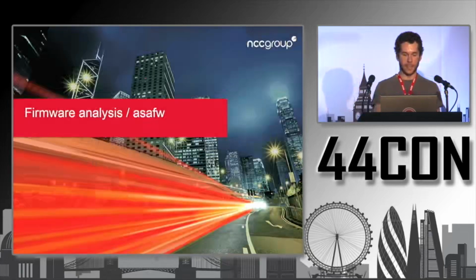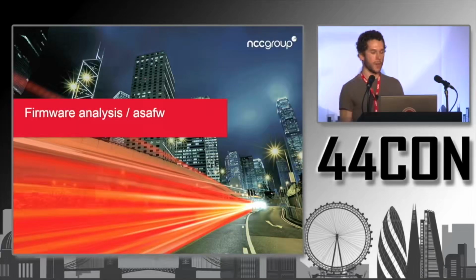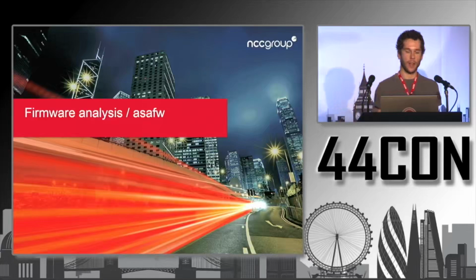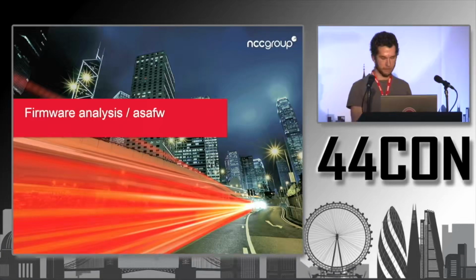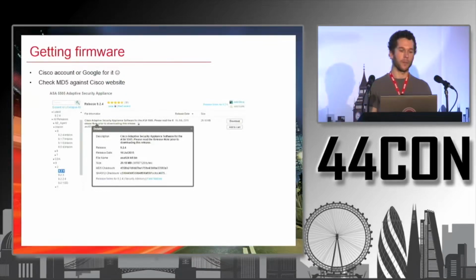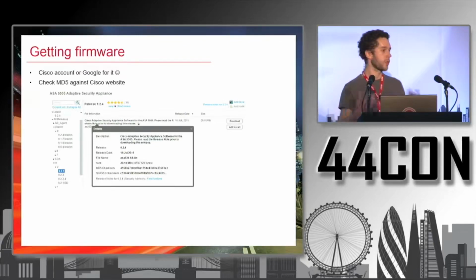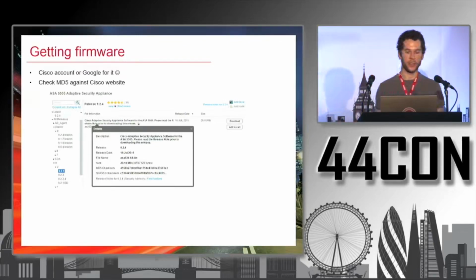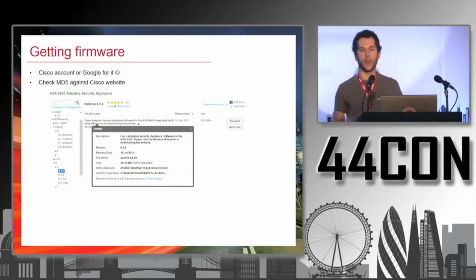So let's talk about the first thing, which is analyzing the firmware. You can either get the firmware from the CF card, which I told you earlier, but if you want to get different firmware for different versions, you can do it. If you have a Cisco account, you can download them from the Cisco website.